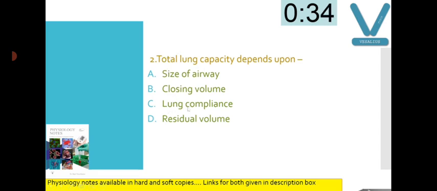Lung compliance, that is distensibility. More the distensibility, more is the amount of air remaining in the lungs. Residual volume is the air remaining after forceful expiration, so this is also not total lung capacity. So your answer would be lung compliance. If lungs are more distensible, more capacity is inside.